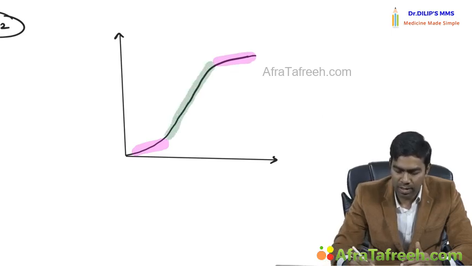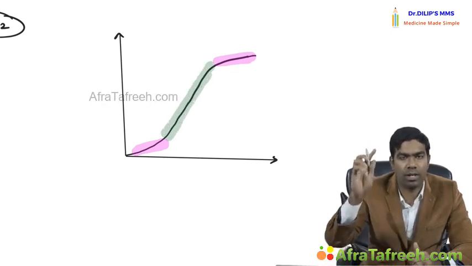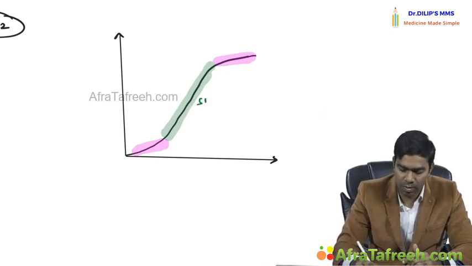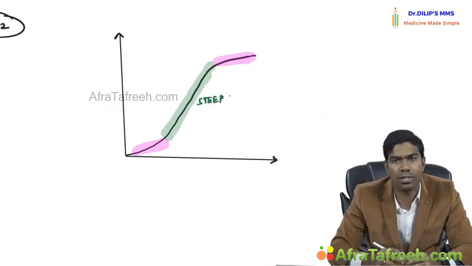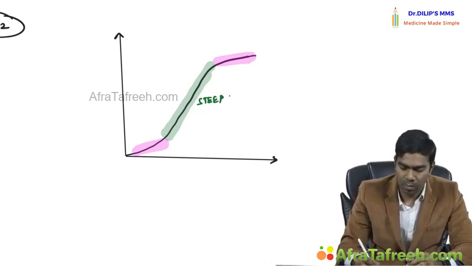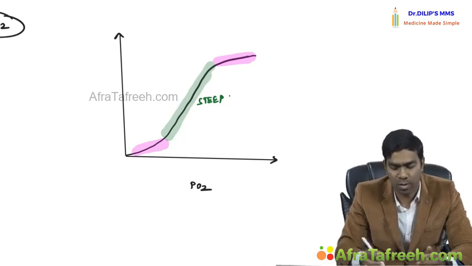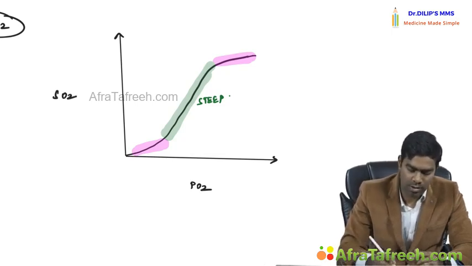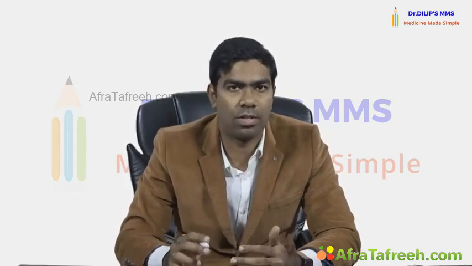But in the center, the curve is going straight up. This portion, the green one, is what we refer to as the steep portion of the curve. And what we are going to plot is the partial pressure of oxygen given to the hemoglobin versus the saturation of oxygen in the hemoglobin, that is the oxygen saturation, SO2.